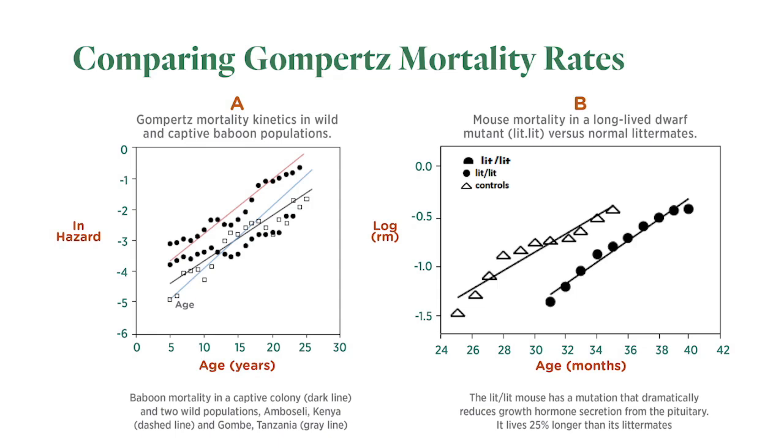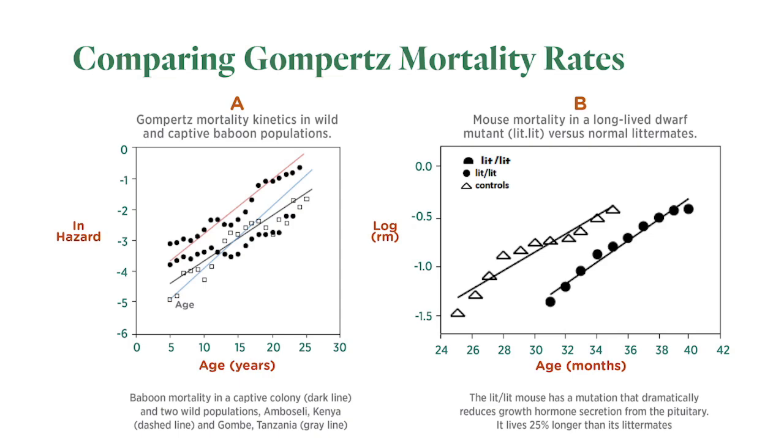For example, if you look at panel B of this figure, you'll see Gompertz mortality rate curves for wild-type mice and some genetically modified mice that are long-lived. These so-called Lit mice have a defect in growth hormone, are of a dwarf phenotype, and in fact live 25% longer than wild-type mice.